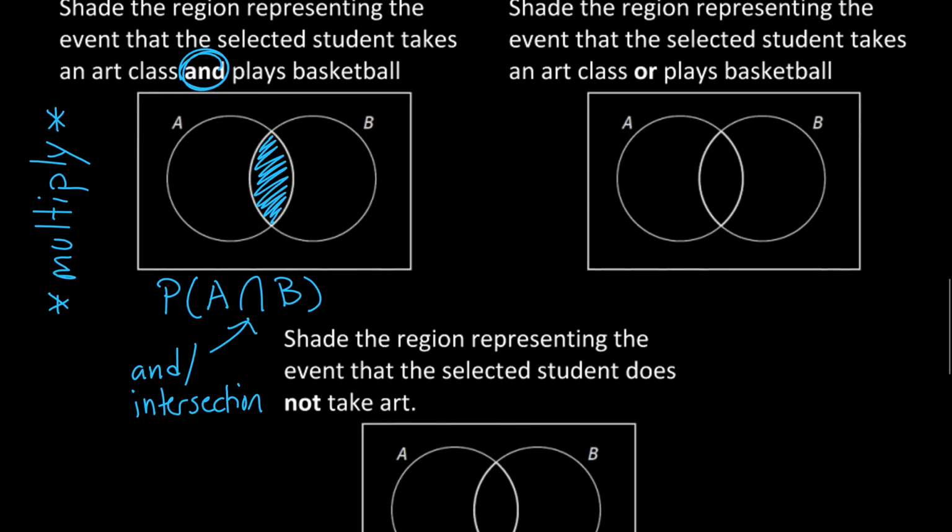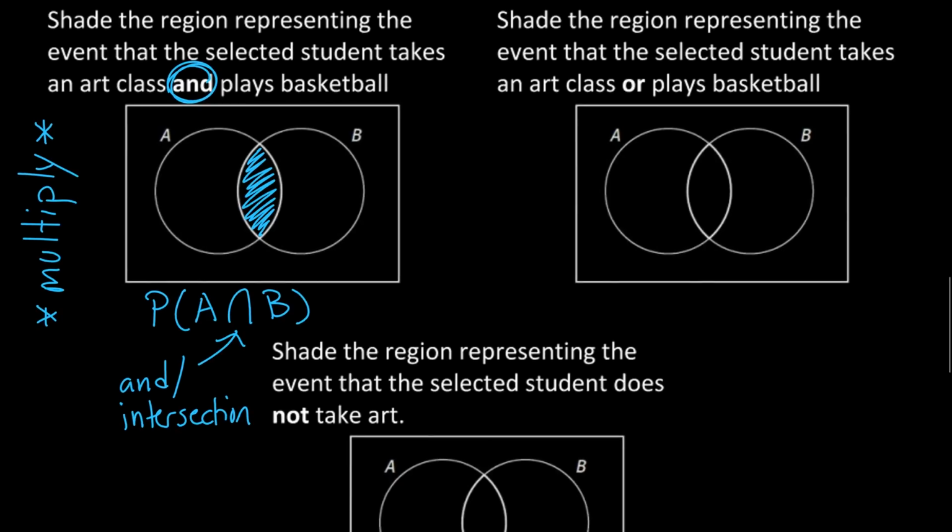So next, it says shade the region representing the event that the selected student takes an art class or plays basketball. So where do you think this section is going to be? Let's ask ourselves, this part of A right over here, do those students take art or basketball?